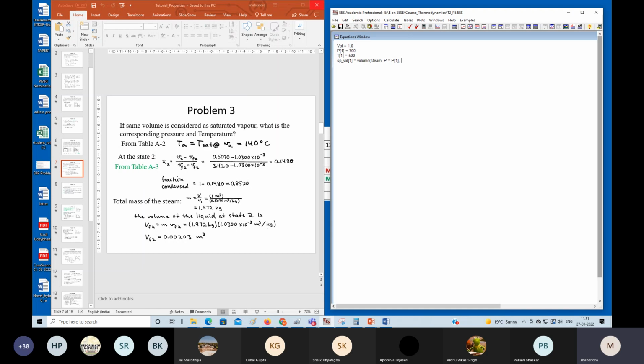You need to give 2 independent properties, then other properties you can calculate. You should have 2 independent properties actually. So let us run at this stage.